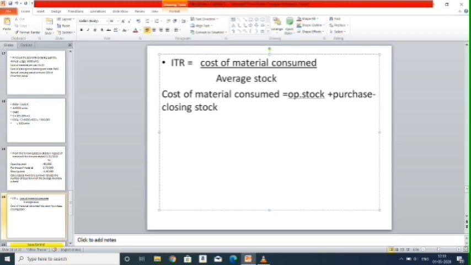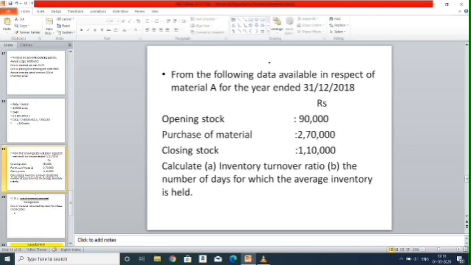That is equal to opening stock of material 90,000, purchase of material 2,70,000, closing stock of material 1,10,000.